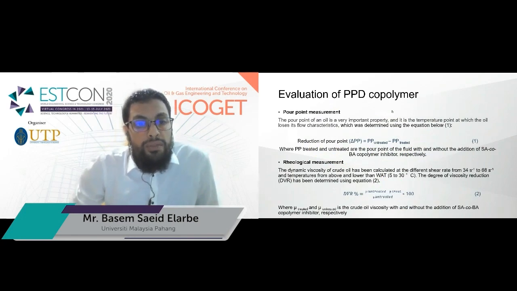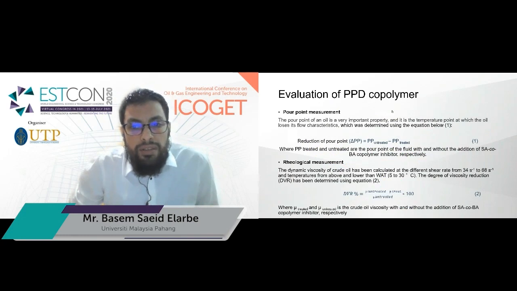So let's start with the pour point measurement. The pour point is the temperature at which the oil loses its flow characteristic, and we measure the pour point by equation number 1. For the rheology measurement, the dynamic viscosity of crude oil has been calculated at different shear rates and different temperatures, and the degree of viscosity reduction, DVR, has been estimated by equation number 2.